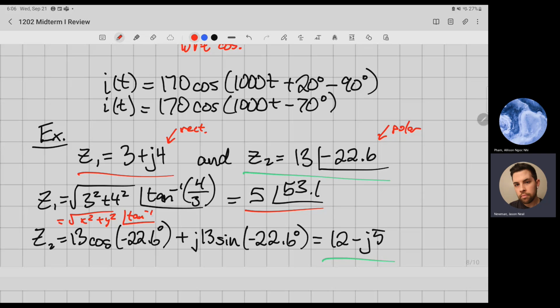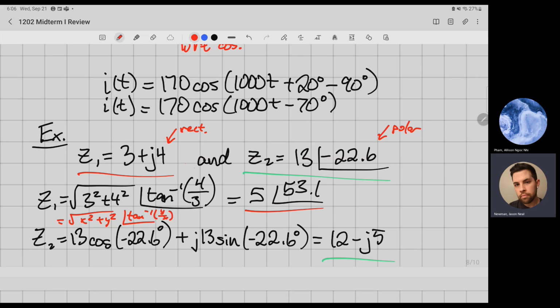Once you plug in all those values, you'll notice that this is the answer. This is just the rectangular form, and this is just the polar form. So they're equivalent, but they're in different states.